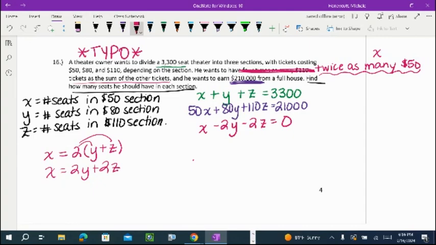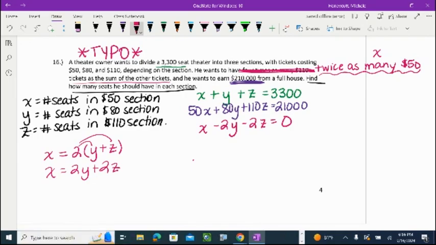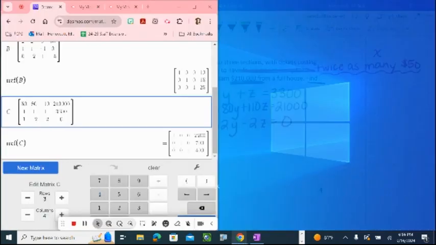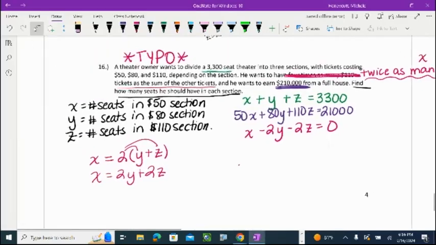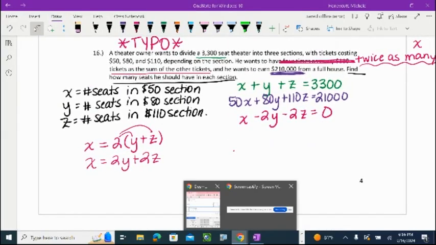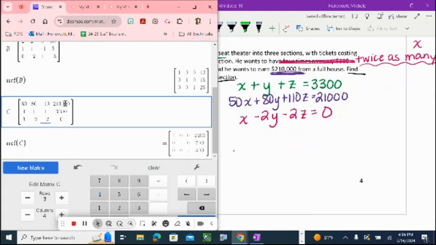So now I will take this information and I will find my augmented matrix, which is, I believe it's right here. So I have, let's see, new matrix.